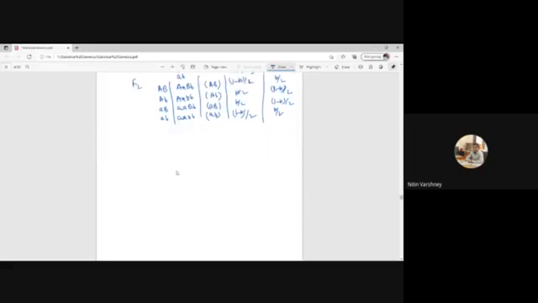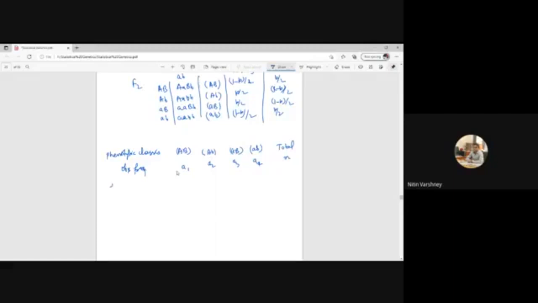Okay. Now if I take the generalized case, our phenotypic classes will be AB, Ab, aB, ab, and the observed frequencies, suppose a1, a2, a3, a4, and the total will be n.